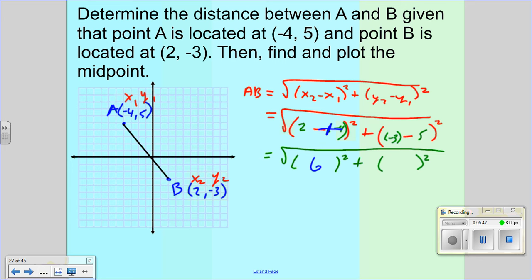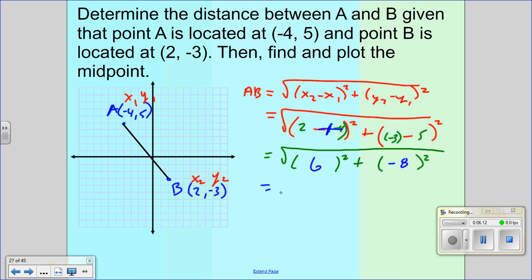That's something your calculator can easily handle. On the second set of parentheses, it says negative 3 minus 5. This isn't a double negative scenario. You're going to take negative 3 and subtract 5, and you would get negative 8.